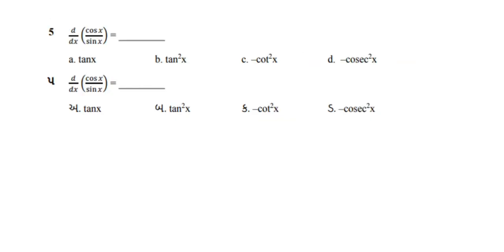Coming to the next question, question number 5, that is d by dx of cos x upon sin x. We have to differentiate with respect to x, and x is in the numerator and also in the denominator, which means we will apply the formula you have learned initially: d by dx of f of x upon g of x, numerator upon denominator.